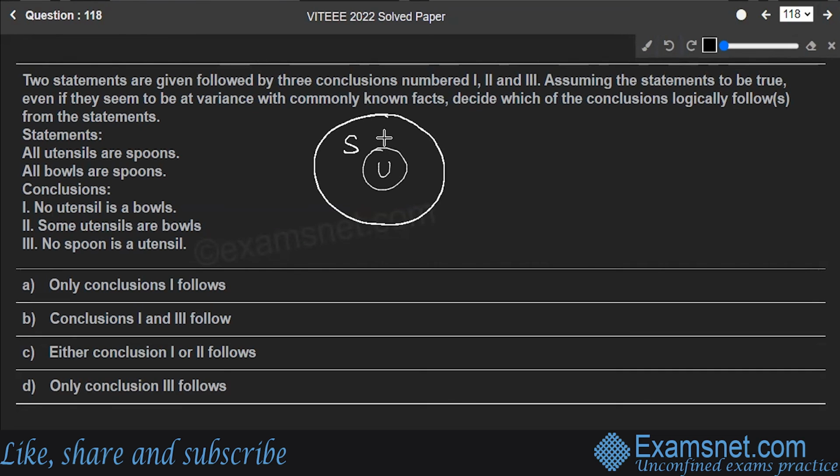Next, all bowls are spoons. There are two ways to do this. All bowls are spoons can be drawn something like this.